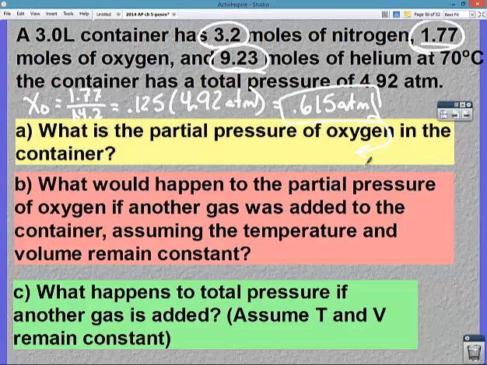So the ratio should stay the same. Total pressure, if we add another gas then, would have to increase because we have another gas. So total pressure would increase, as would our total number of moles.